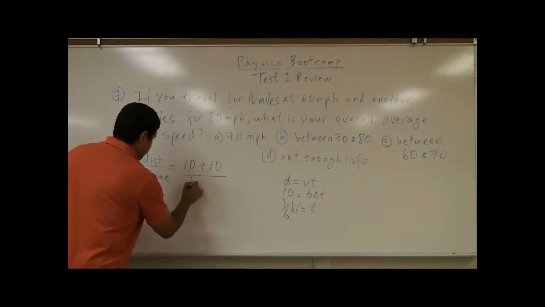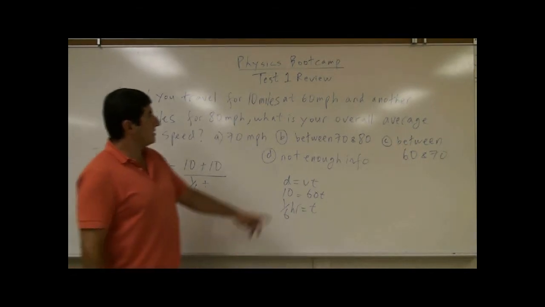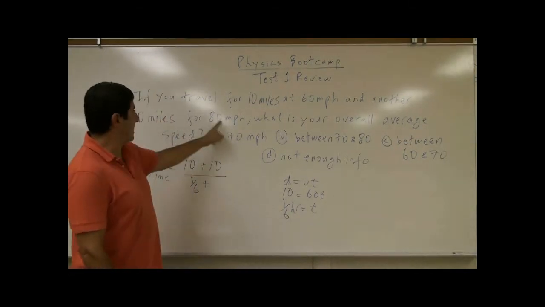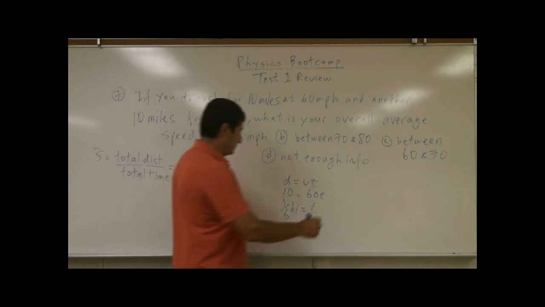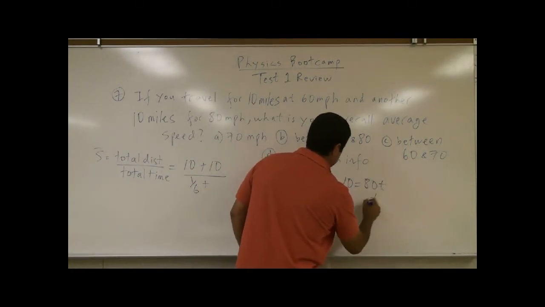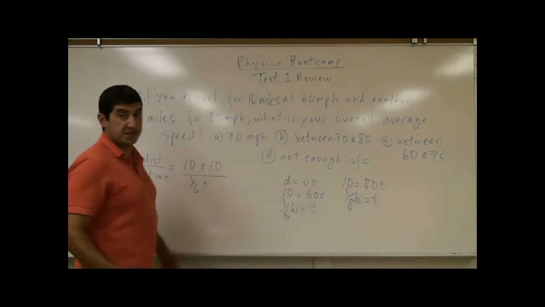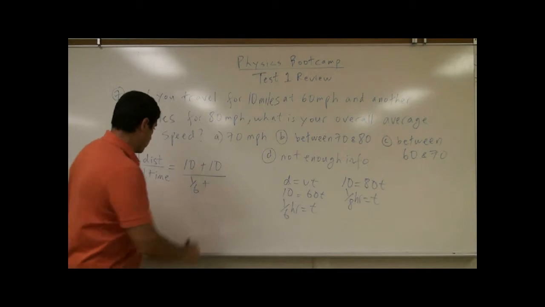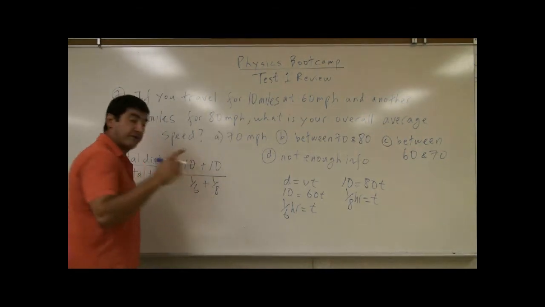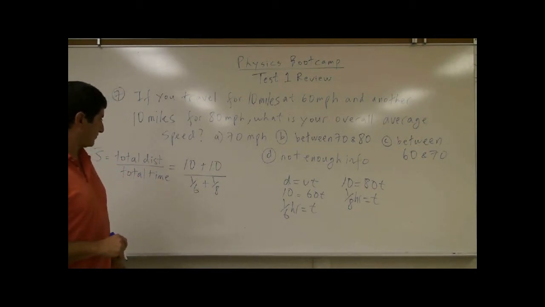So that's the initial time, right? And the second one, if you go 10 miles at 80 miles an hour, 10 is equal to 80 t, so it's going to take you 1/8 hour to travel 10 miles.